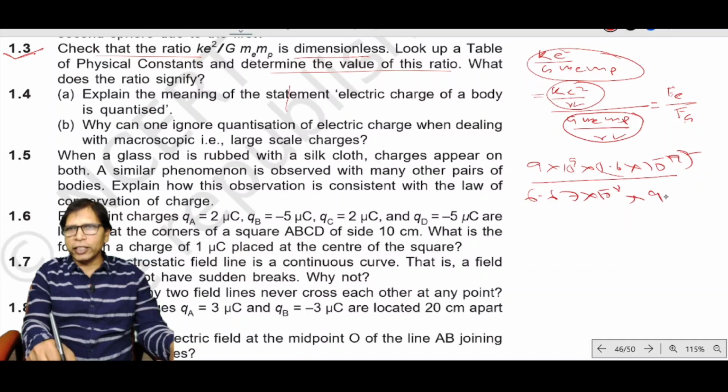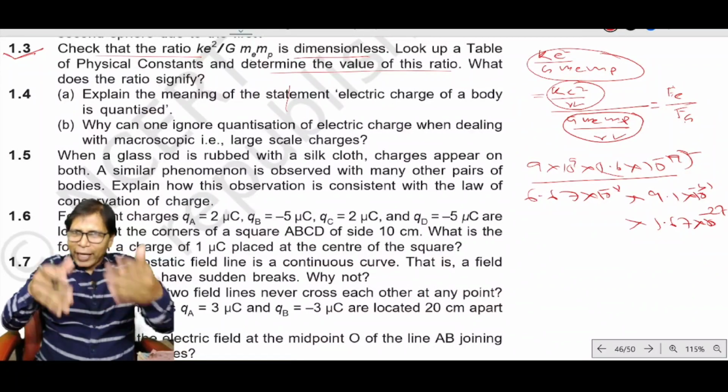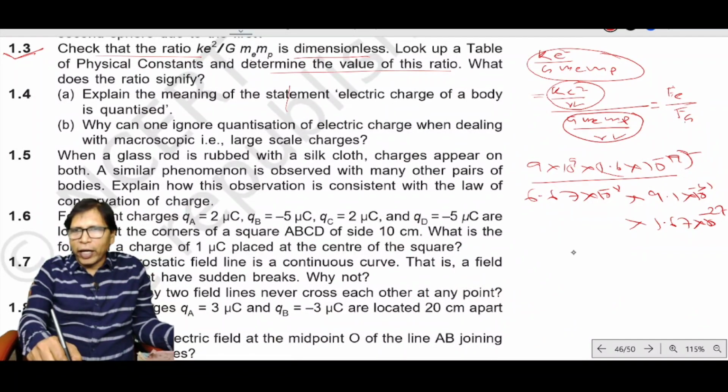Mass of electron is 9.1 into 10 to the power minus 31 kg, and mass of proton is 1.67 into 10 to the power minus 27. Okay. By calculating this ratio, we get 2.4 into 10 to the power 39.